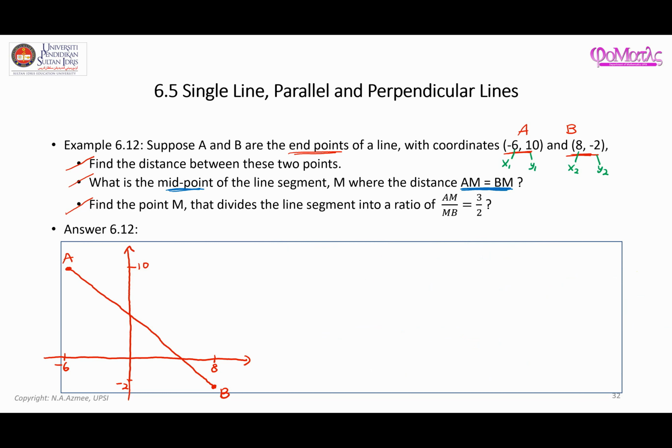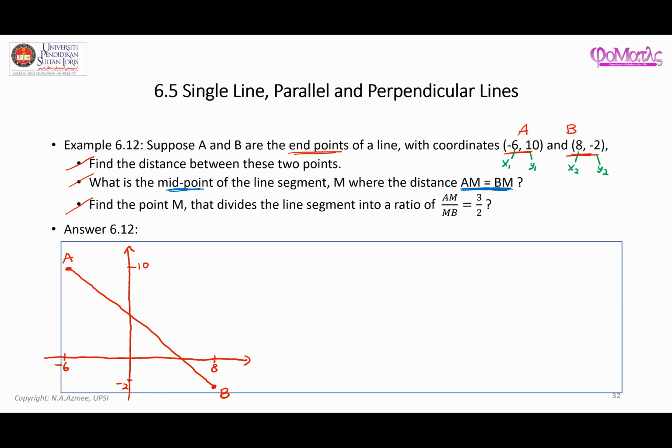So in order to answer the last question, I prefer to illustrate that using a graph, and I'm not going to use a formula. I'm just going to explain it like what I've done in the previous videos.